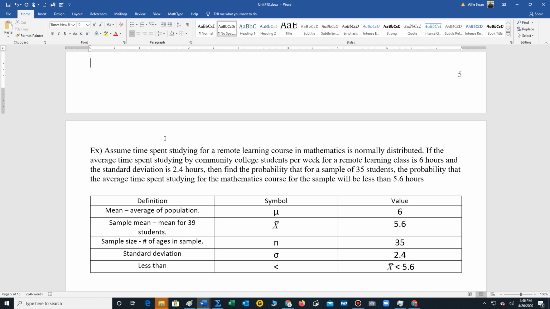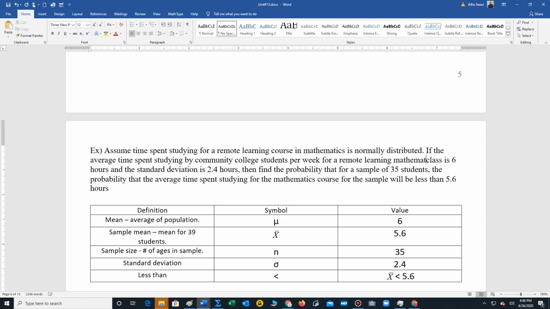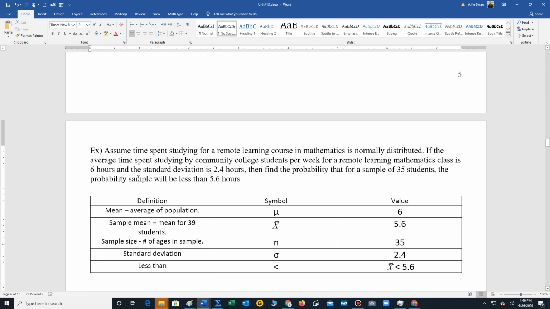If the average time spent studying by community college students per week for a remote learning mathematics class is 6 hours, and the standard deviation is 2.4 hours, then find the probability that for a sample of 35 students, the probability will be less than 5.6 hours.